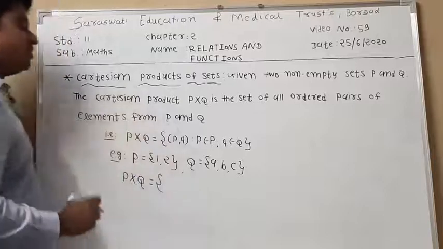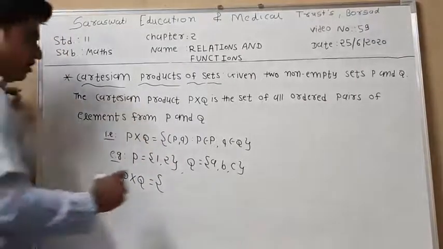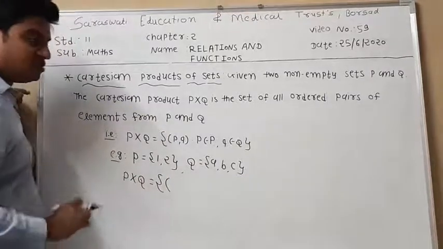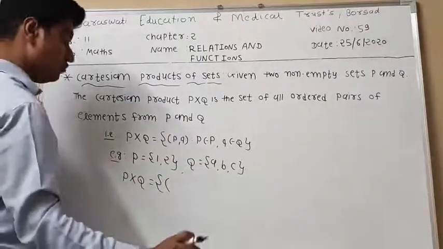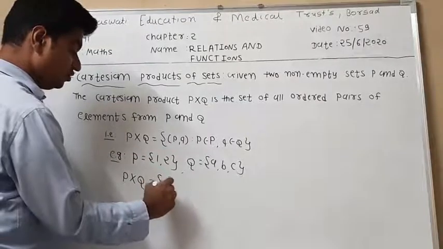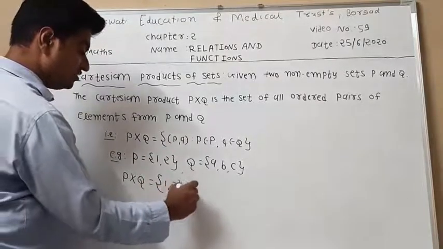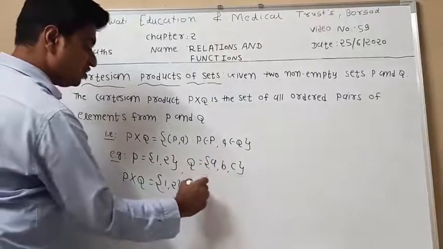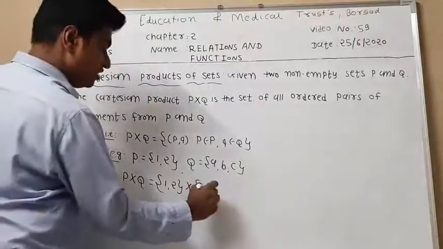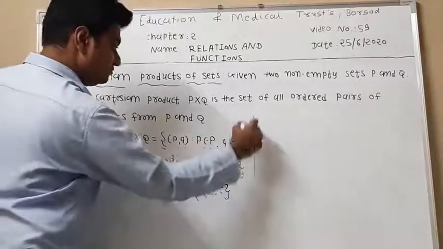First of all, we write one set. The first position is P and the second position is Q. So first we write {1, 2} Cartesian product, and the second position is Q, so we write {a, b, c}.